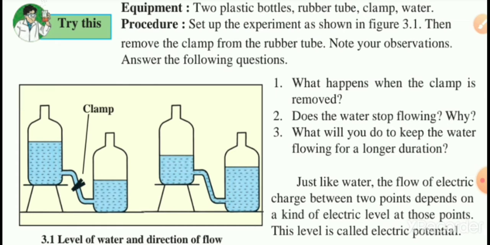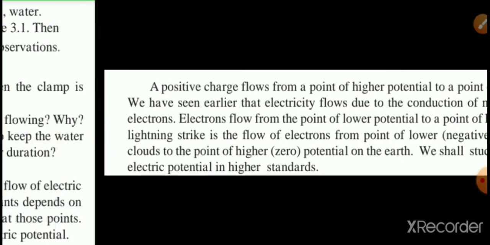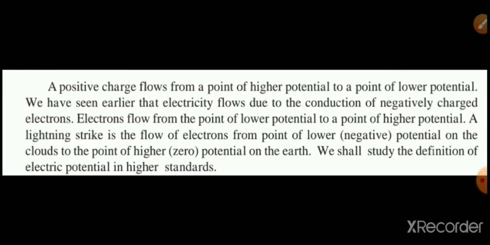Just like water, the flow of electric charge between 2 points depends on a kind of electric level at those points. This level is called electric potential. A positive charge flows from a point of higher potential to a point of lower potential. We have seen earlier that electricity flows due to the conduction of negatively charged electrons.